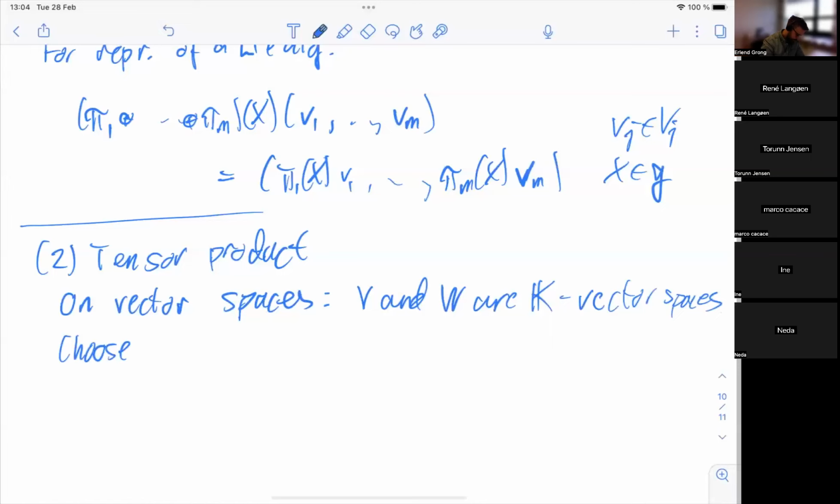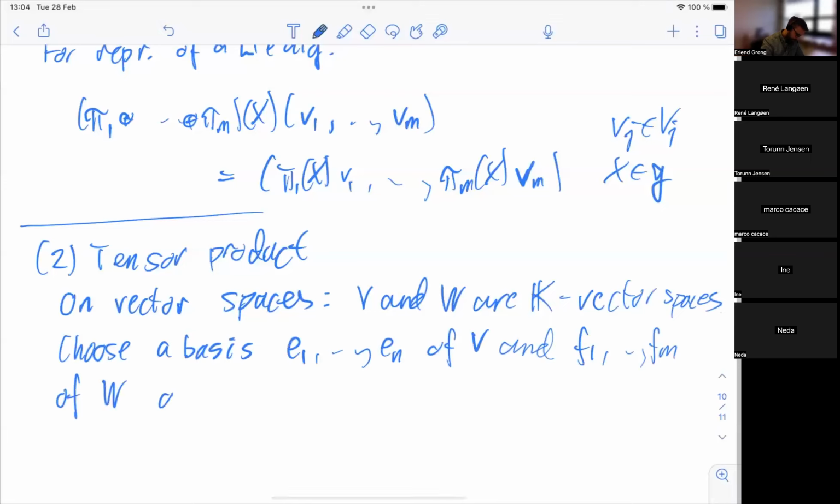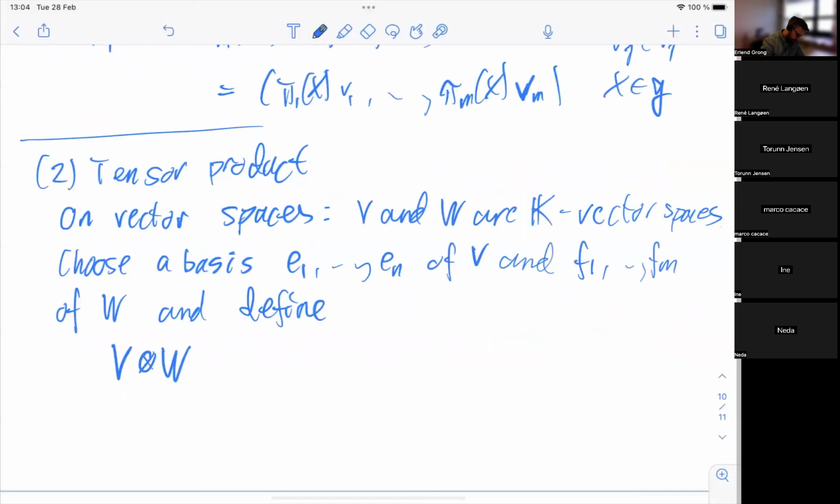Choose a basis E1 to En of V and F1 to Fm of W, and define V tensor W as the span over K of all of these elements Ei tensor Fj, such that i goes from 1 to n, and j goes from 1 to m.